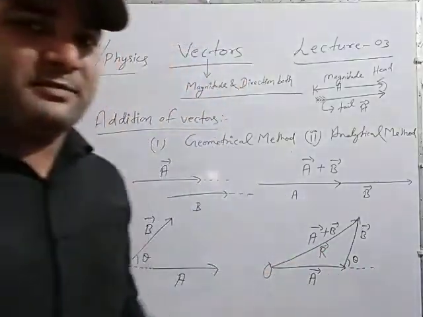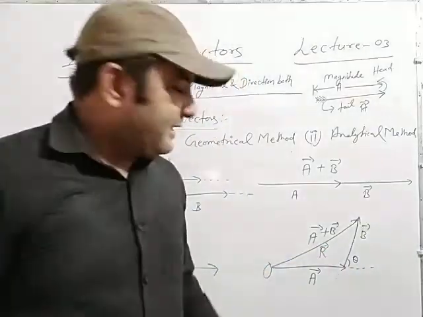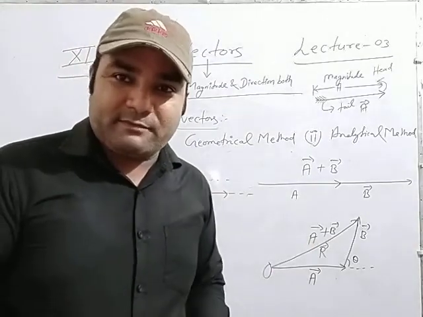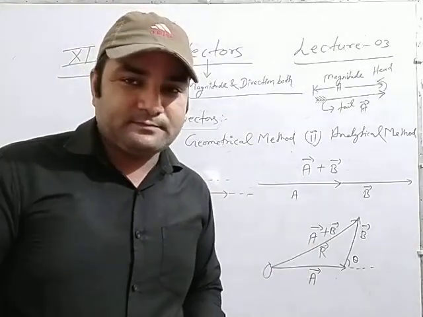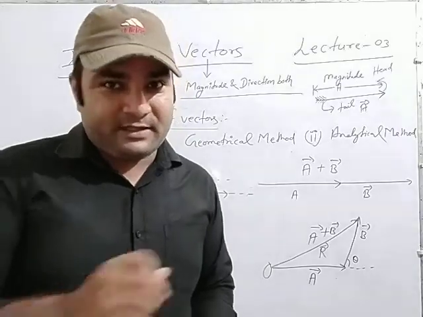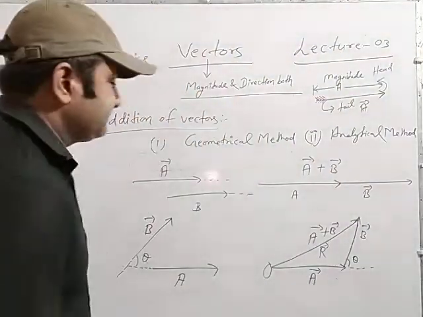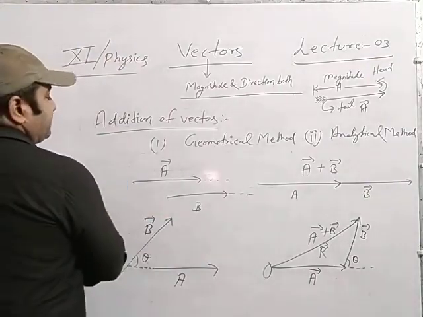So this is the geometrical method, a very easy method, and on this concept we are going to derive a formula, that is vector addition of two vectors by the second, analytical method. So just note all these down, very simple concept.